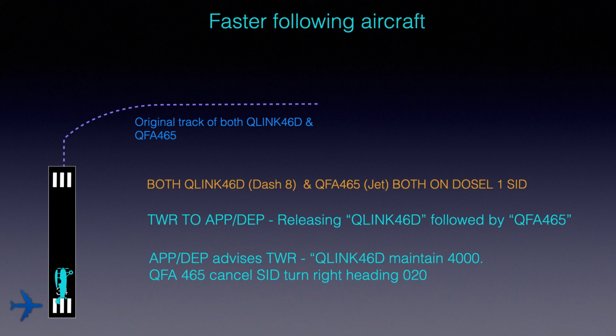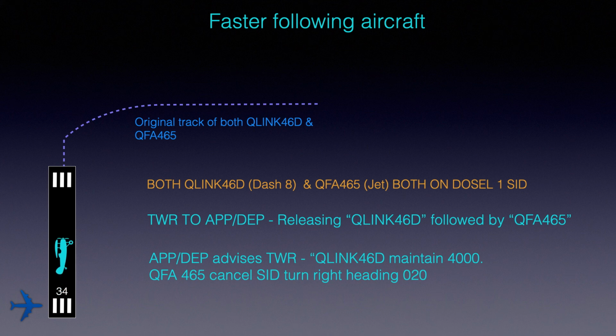Don't forget, here's a turboprop. And don't forget the auto-release features allows him to give him up to 5,000. So you could say Q-Link 46 Delta, maintain 4,000, Qantas 465, cancel SID, so you've now cancelled the jet SID, turn right heading 020.